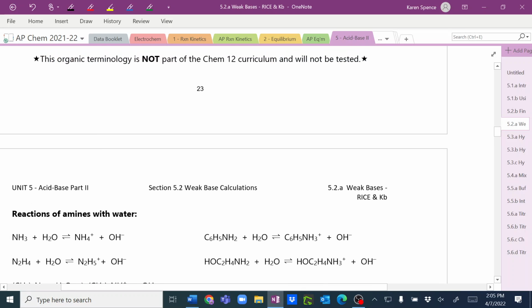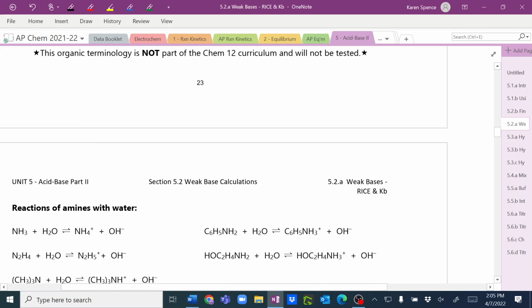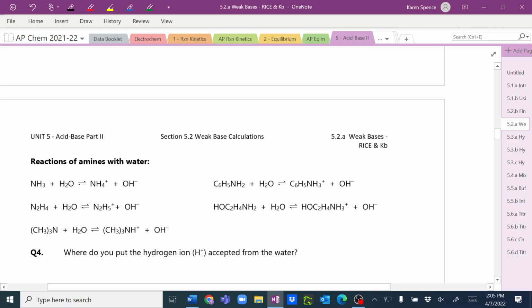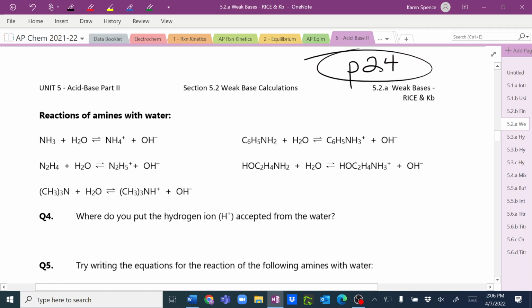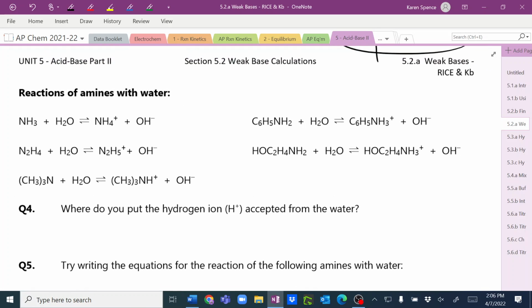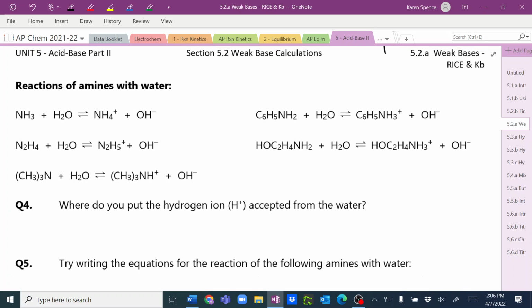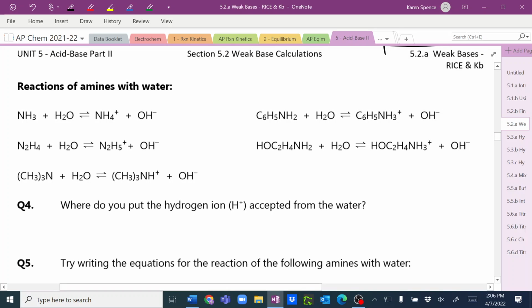All right, page 24. Okay, so the only thing you do with all the amines, it doesn't matter. Here's a whole bunch of reactions of amines with water. Where do you put the hydrogen accepted from the water?